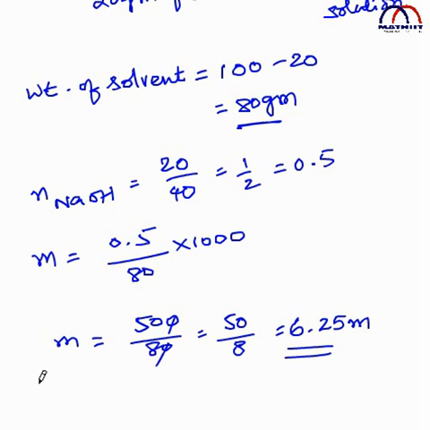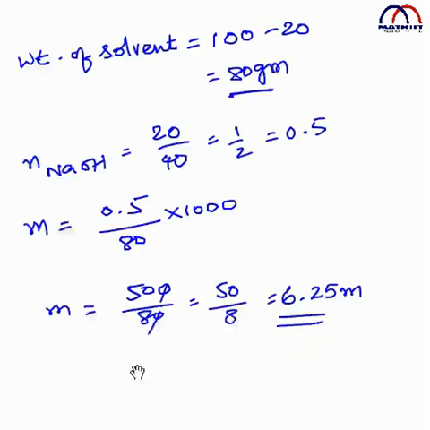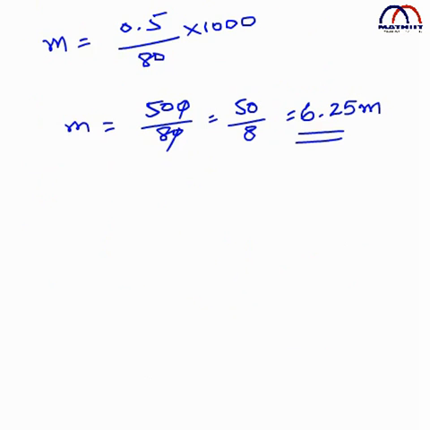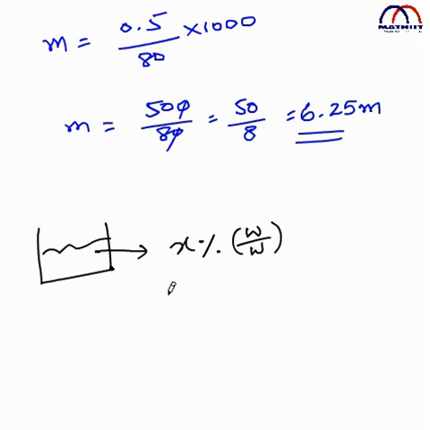Okay. Now after looking into this problem, can we generalize when weight percentage is given? Suppose a solution is present having X percentage W by W, nothing else is given. Then we want to find the molality of that solution.